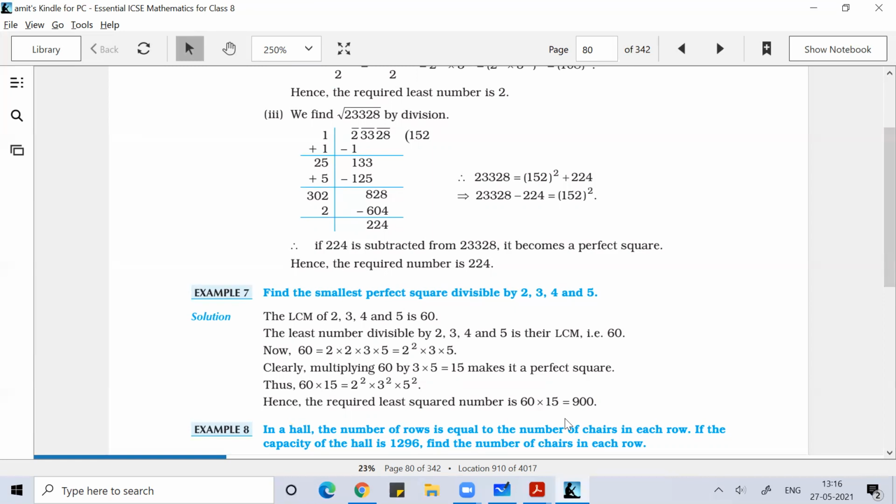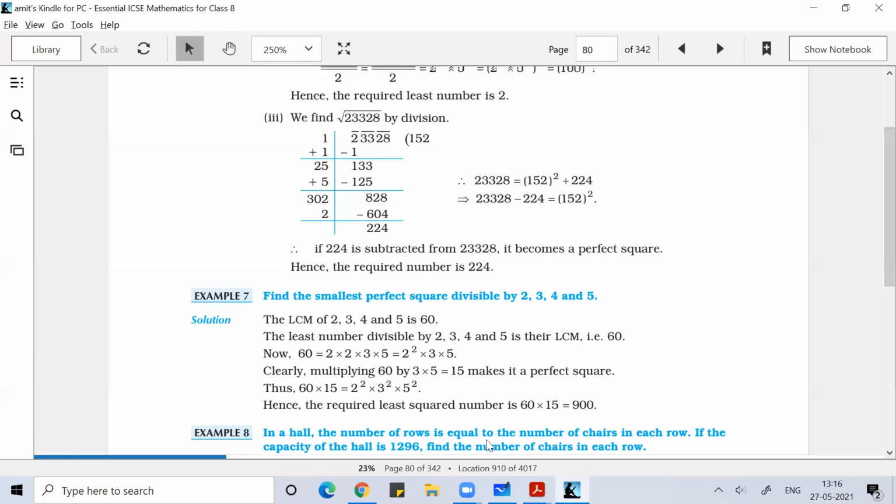If the capacity of the hall is 1296, the number of rows into number of columns is equal to the sitting capacity. Means the square of that is equal to 1296. Find the number of rows or columns in each row. That will be the square root of 1296, which is 36. Yes, sir.